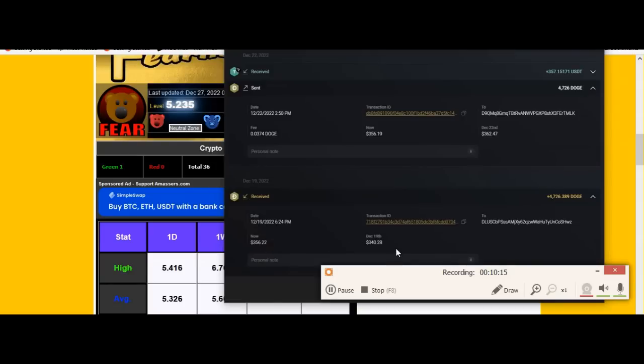Let me show you a quicker trade. Same thing, same scenario over and over again. This time I took that same money, about $344 in USDT, if you remember, and bought some Doge. This is December the 19th, and I bought $340 worth.